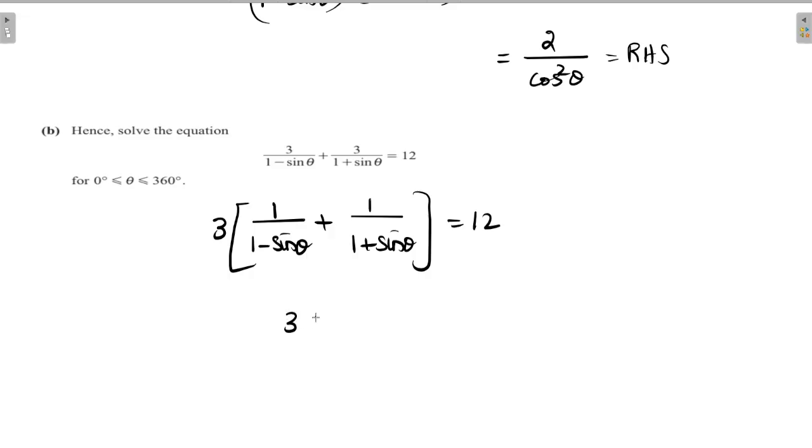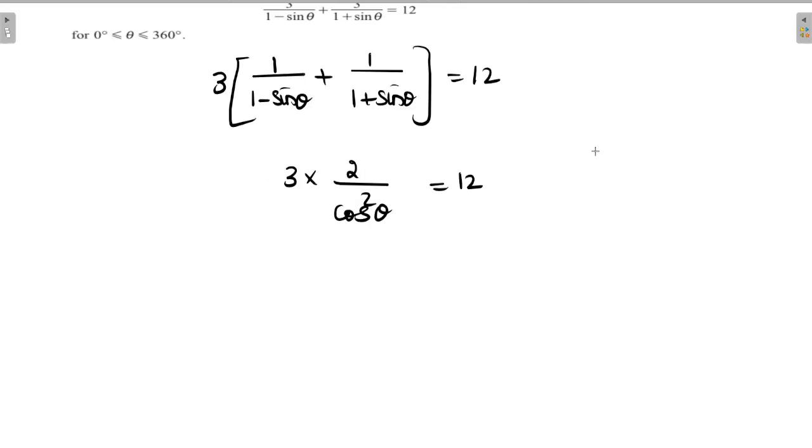So 3 times 2 by cos square theta is equal to 12. So 3 times 2 is 6, 6 by cos square theta is equal to 12. So cos square theta is equal to 6 by 12.